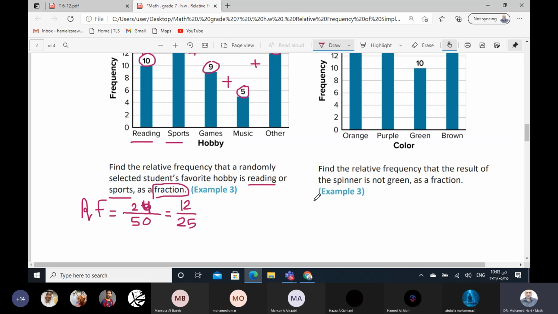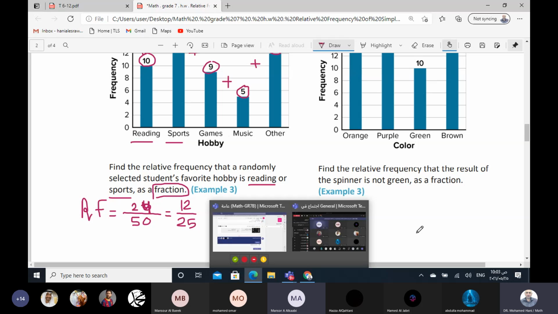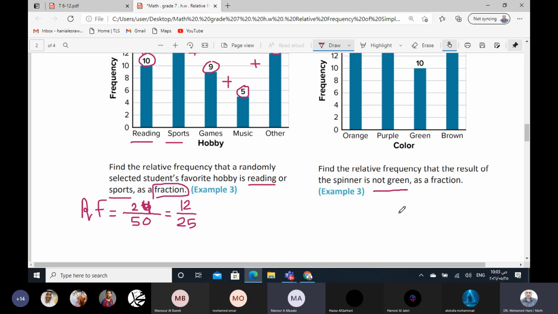Find the relative frequency that the result of the spinner is not green.